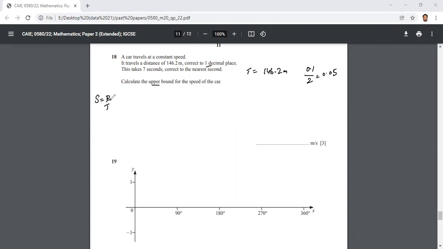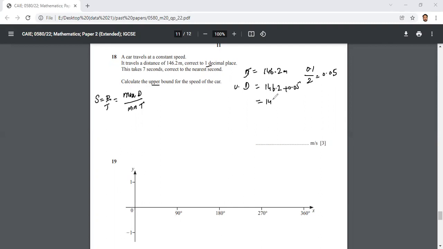Your speed is in divide form, distance over time. How to find the maximum value in divide form? Of course, maximum distance divided by minimum time. So this is distance, the upper distance, or maximum distance, is 146.2 plus 0.05.